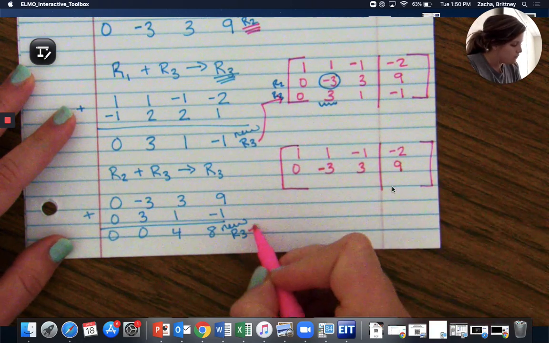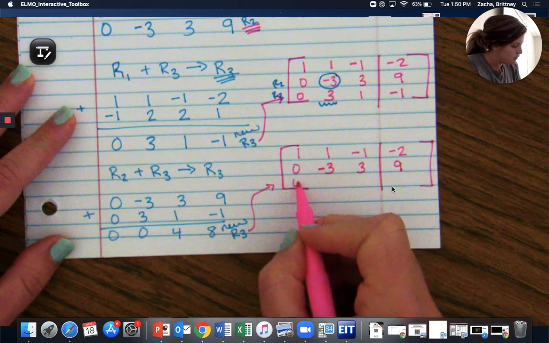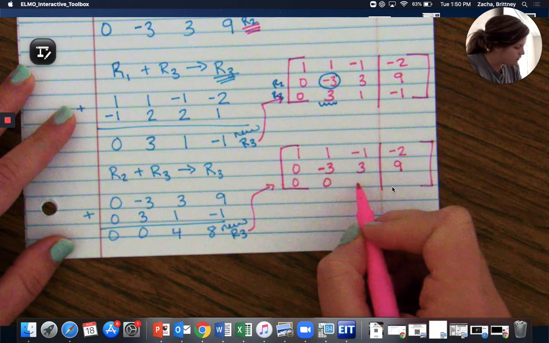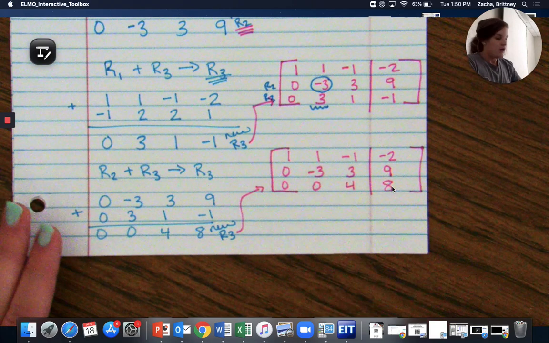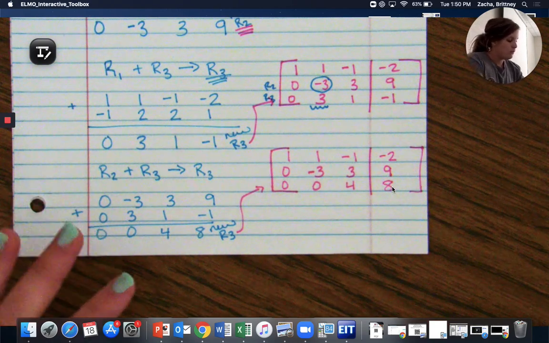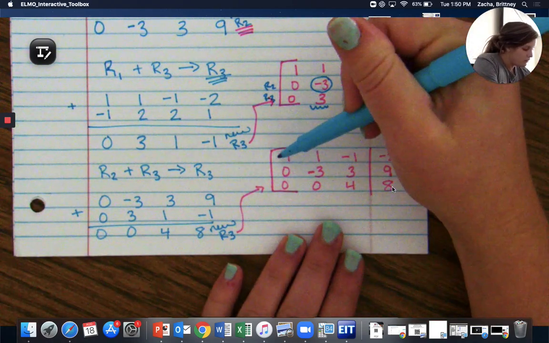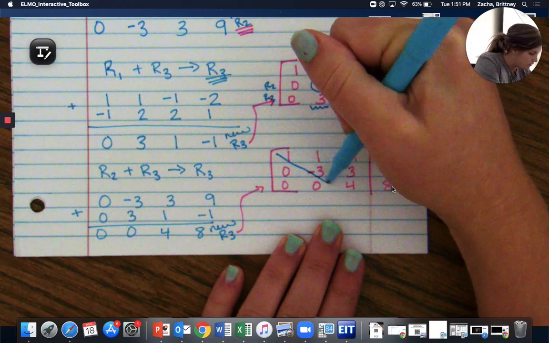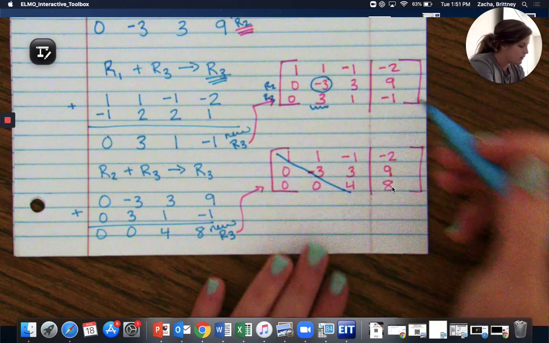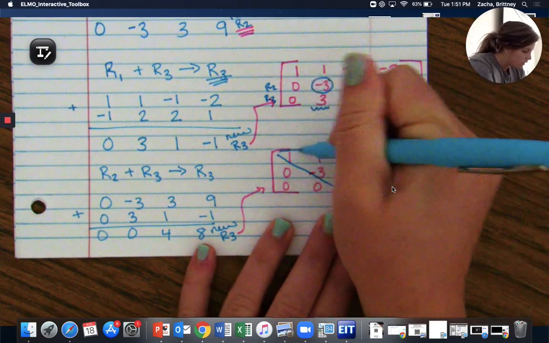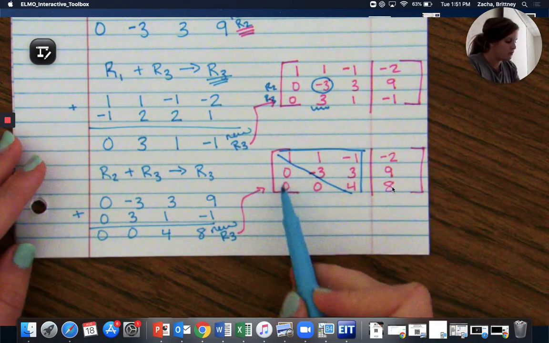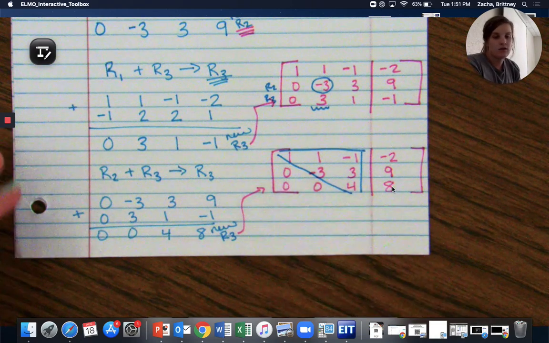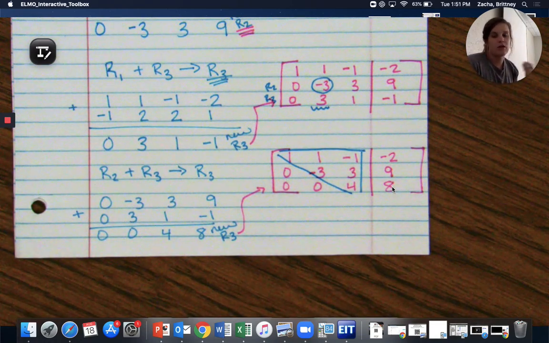And then the new row 3, 0, 0, 4, 8. Okay? And then you would just want to make sure, if you want to, draw a line through these, or around it, where that becomes your triangle. Okay, that's again the triangular matrix. That's what we're talking about. And then underneath that are all zeros. You're good to go to create your system.